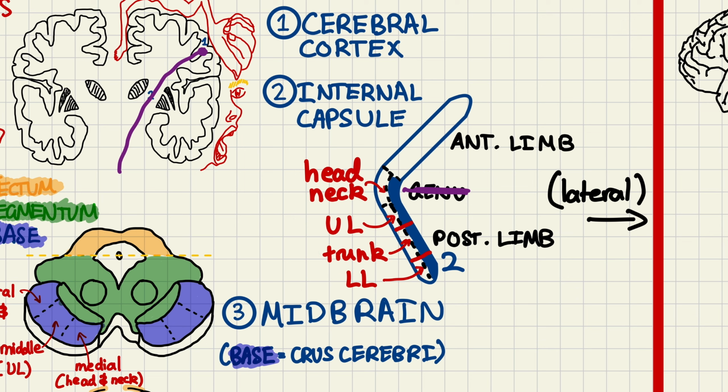Now, because my motor neuron that I've chosen for this example is going to innervate the hand region, I'm going to travel through this upper limb region of the posterior limb of the internal capsule. But I can't just travel through any part of this upper limb segment because, as it turns out, the internal capsule is actually split into two halves down the middle here.